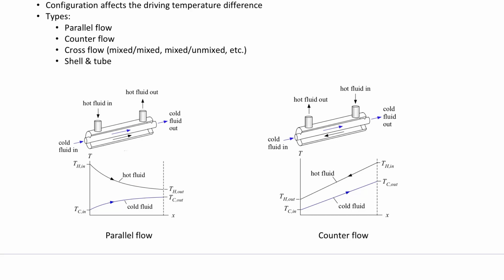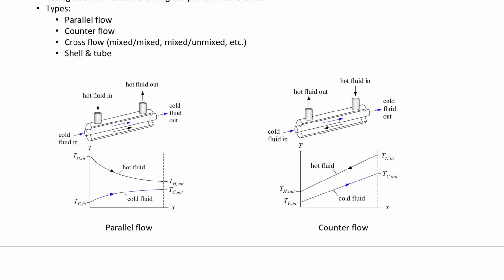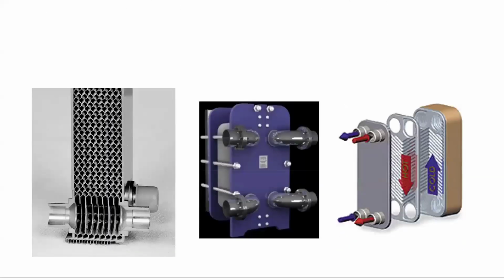It would be really expensive to route it backwards. In that case, maybe you just do the parallel flow, but almost always you're going to want to do something like a counterflow because it's just much more effective. You're getting more heat for the same, right? These are exactly the same tubes here. So it's usually much better to do a counterflow arrangement. So let's really quickly look at some examples here.